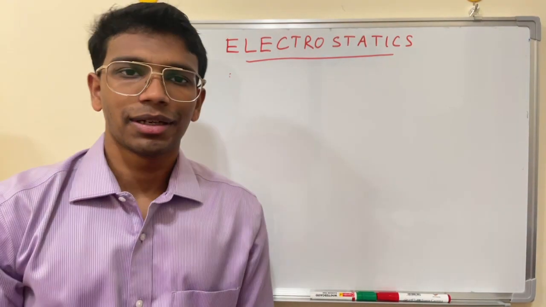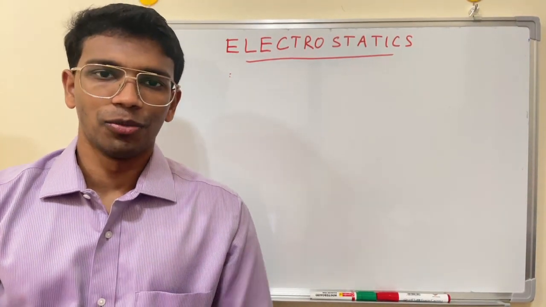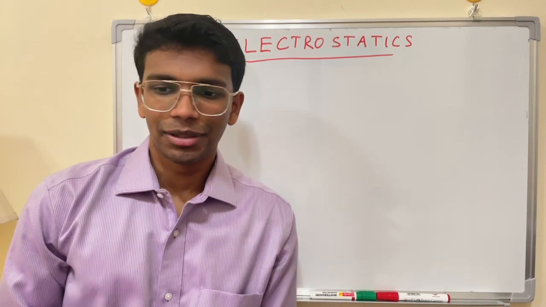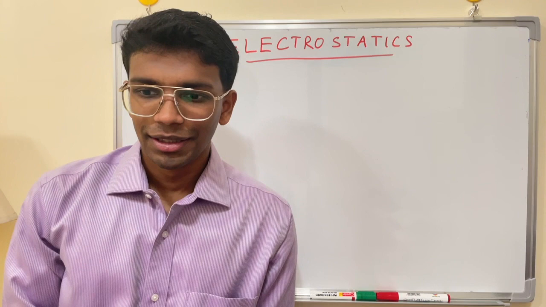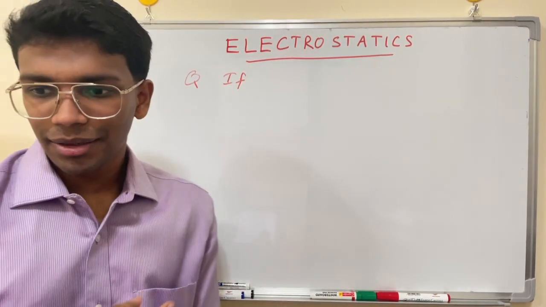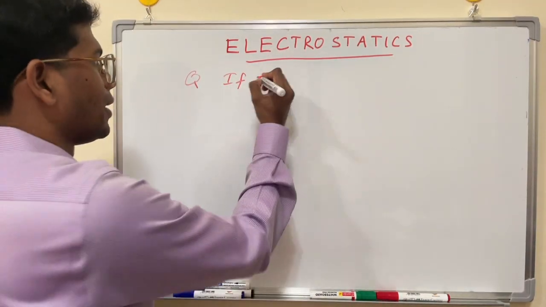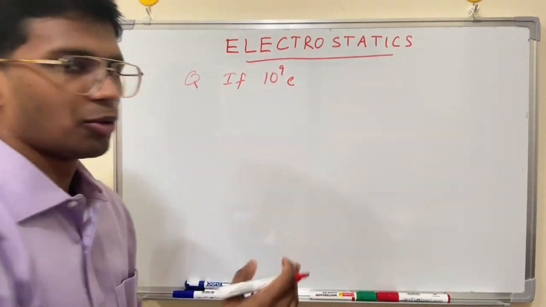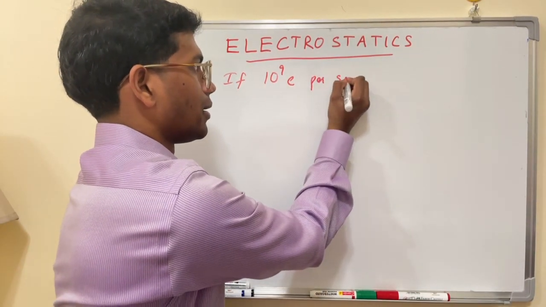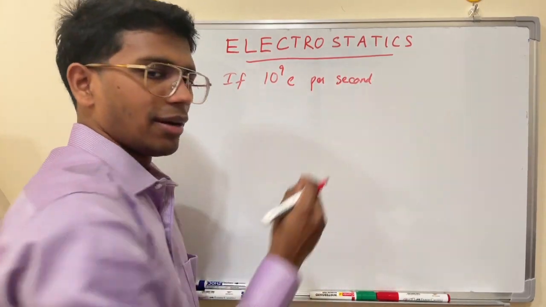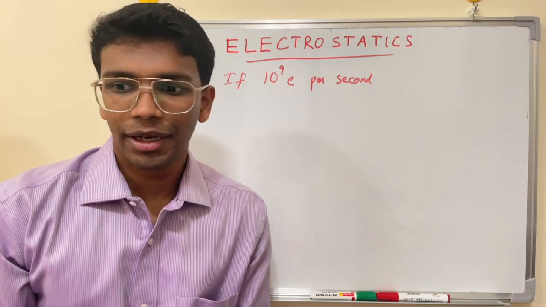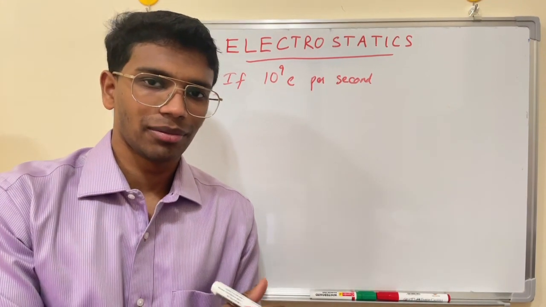Now, to demonstrate how big this particular coulomb value is, let's do a pretty simple example, right? Let's give you a scenario, and this is the same example in your textbook. So the example states, if 10 to the 9 electrons move from one body to the other per second, how much time is it going to take to charge one body?